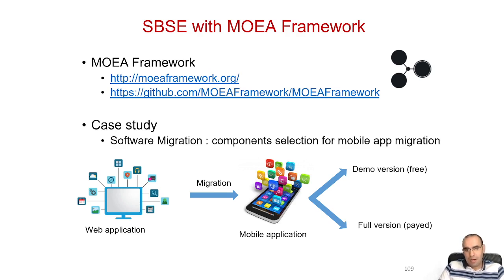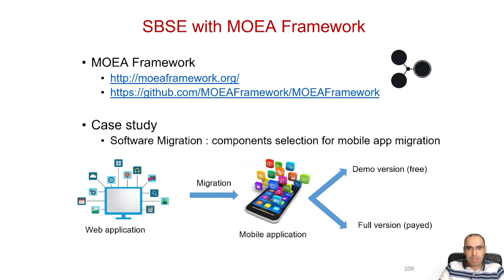So the company wants to provide two versions, one demo version which is incomplete, and another professional or full version of the application. The challenge is how to select the features or the functionalities to be provided in each version.